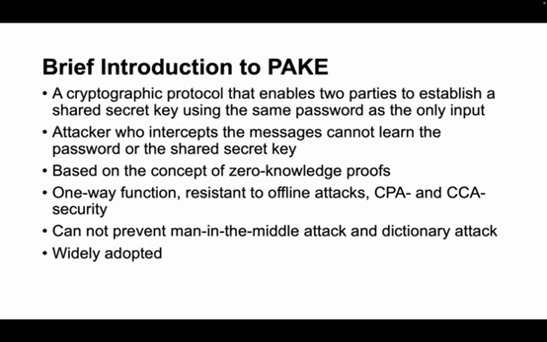The protocol is designed in such a way that an attacker who intercepts the messages cannot learn the password or the shared secret key. PAKE protocols are based on the concept of zero-knowledge proofs, which allow one party to prove to another that they know a particular secret without revealing the secret itself.